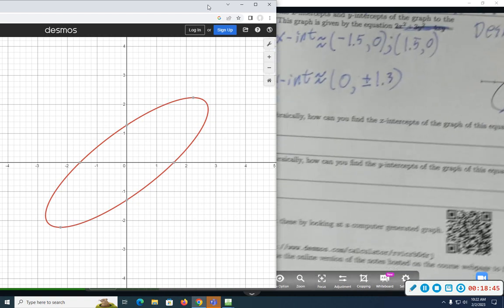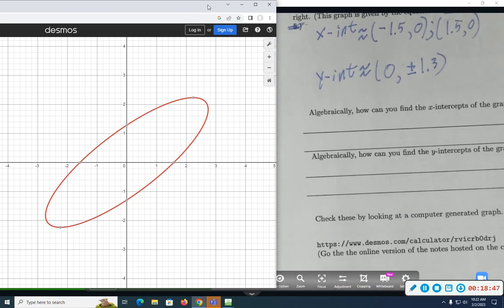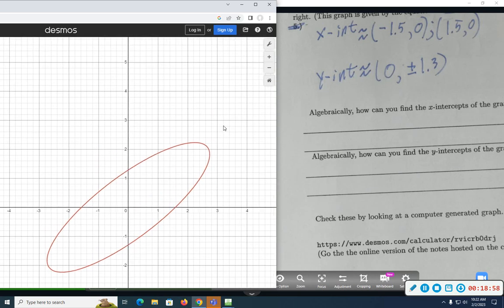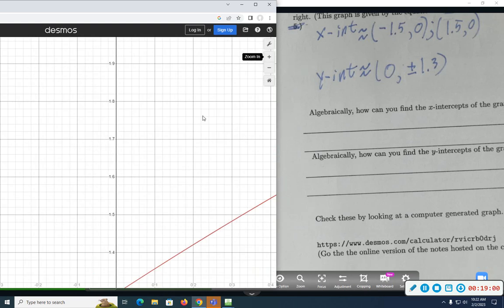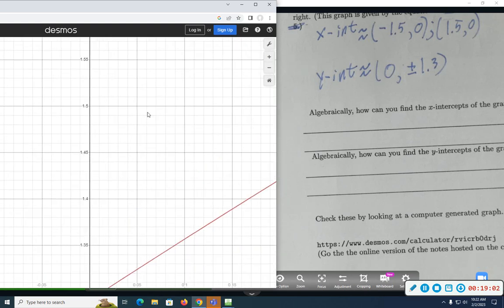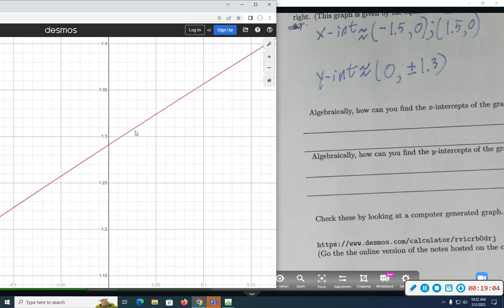Let's think about it algebraically also. Let's try to get these on the nose. I guess Desmos is also perfectly happy to give us its approximations. And you can do better, in fact, purely graphically by zooming in closer. But let's not do that right now. Let's do some algebra.